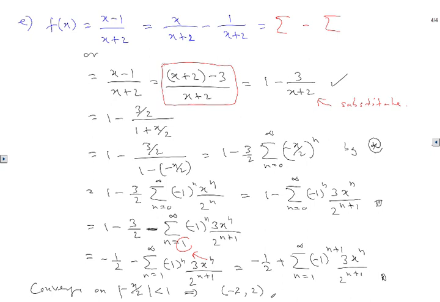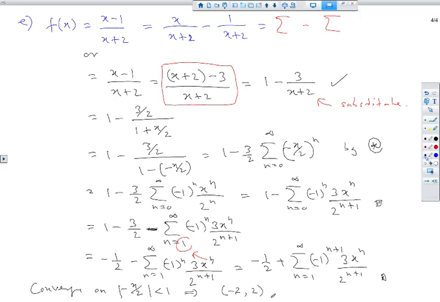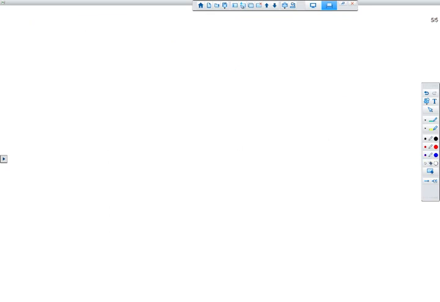So let's go to the next major result. If we have a power series, you can do really amazing things with that. You can differentiate and integrate.